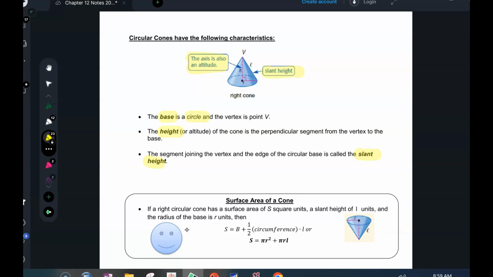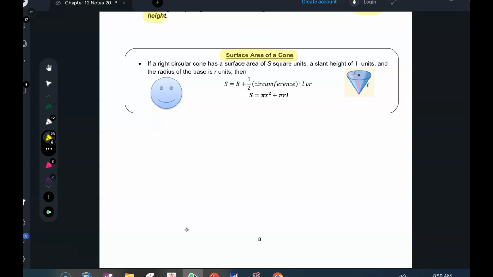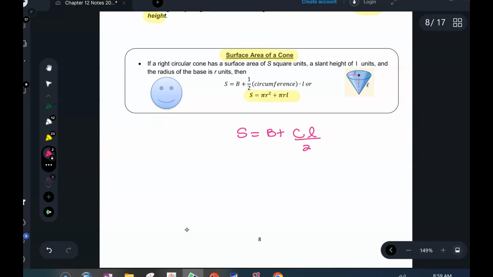So what's the area of the base? It's pi r squared. Let me break it down like this: area of the base plus circumference times L divided by 2. We said this was pi r squared. What's the formula for circumference?